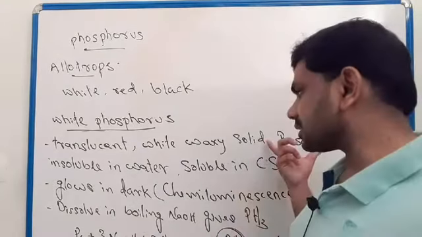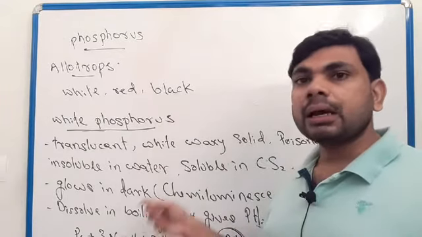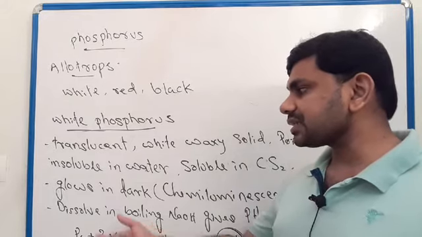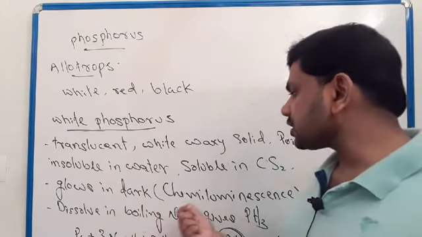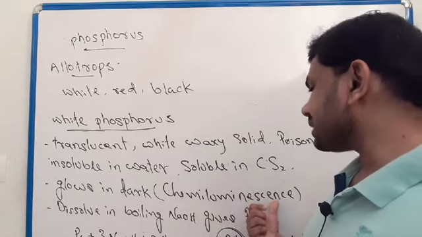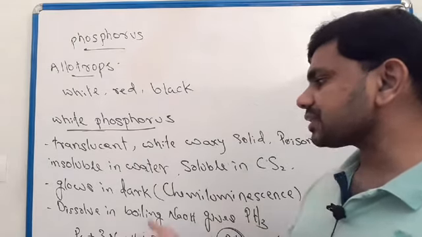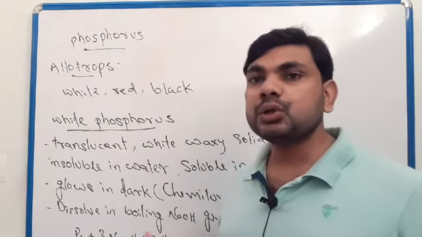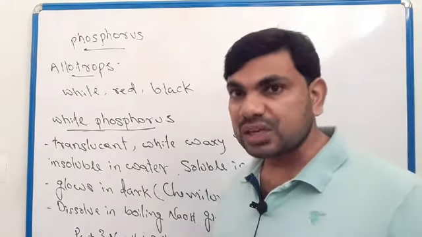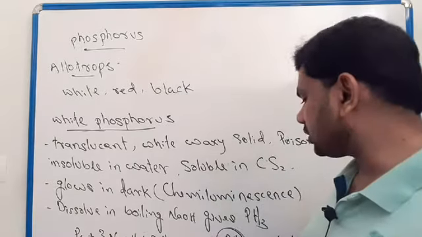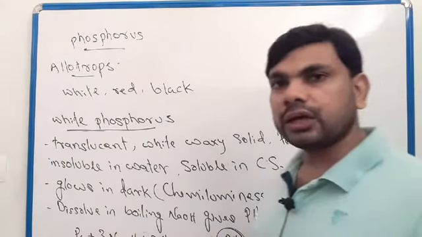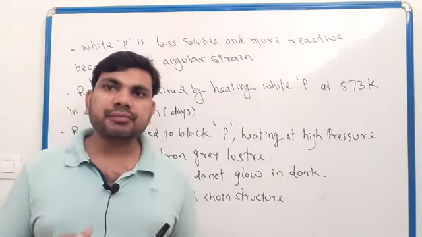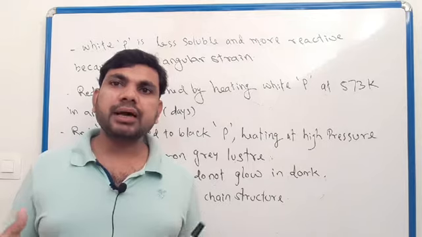It is poisonous, insoluble in water but dissolved in carbon disulfide. It glows in the dark, a property called chemiluminescence. It dissolved in boiling sodium hydroxide and produced phosphine. Phosphine means PH3.